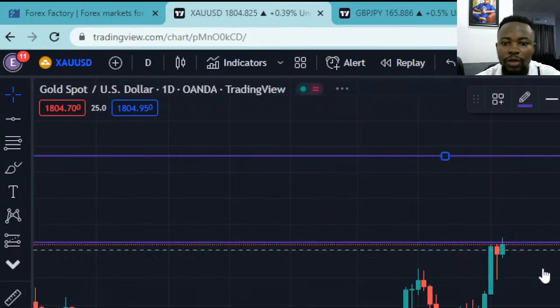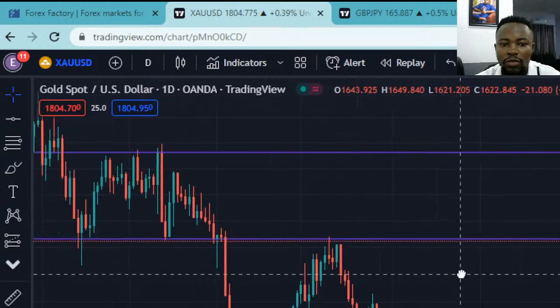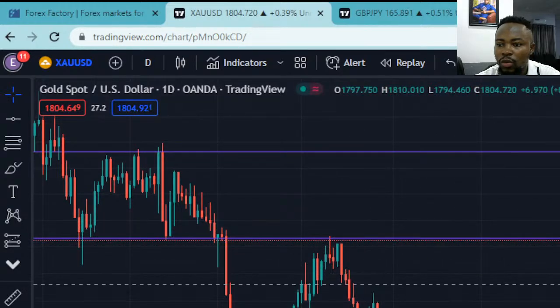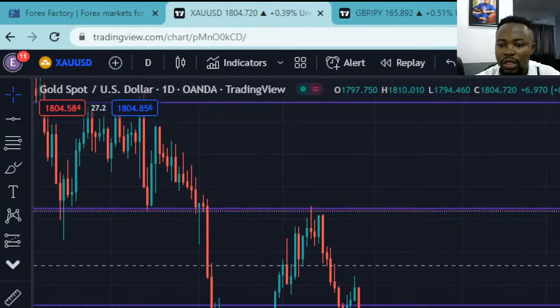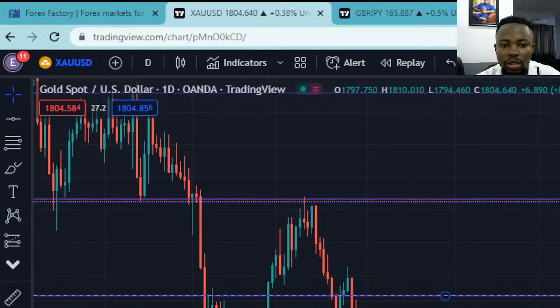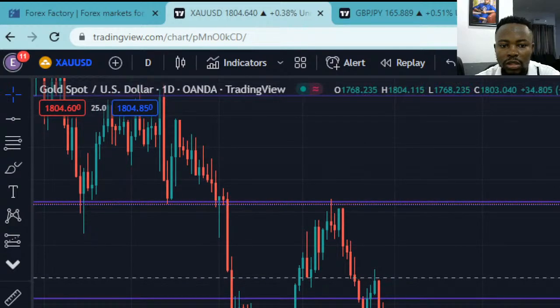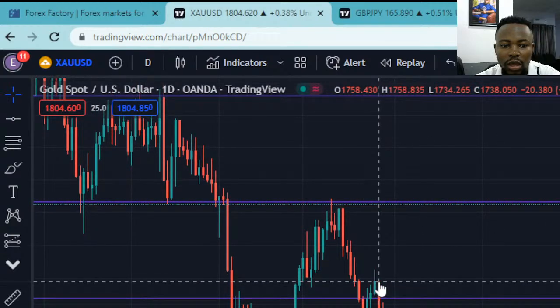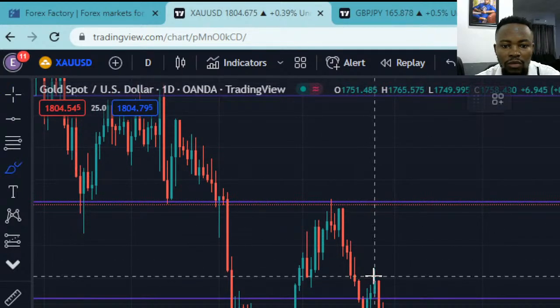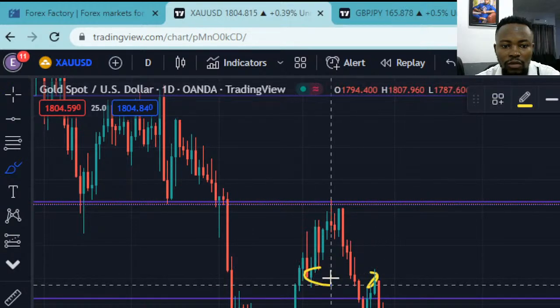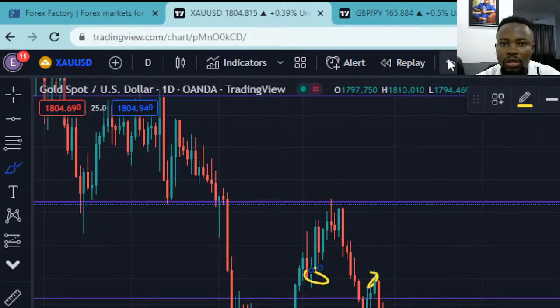Going to the daily time frame, we could identify yes that this resistance that we have here on the weekly is valid, and we could actually adjust the support based on the daily, because we'll have this rejection that happened sometime here. We'll have this area of rejection. We also have this area of rejection here, right?